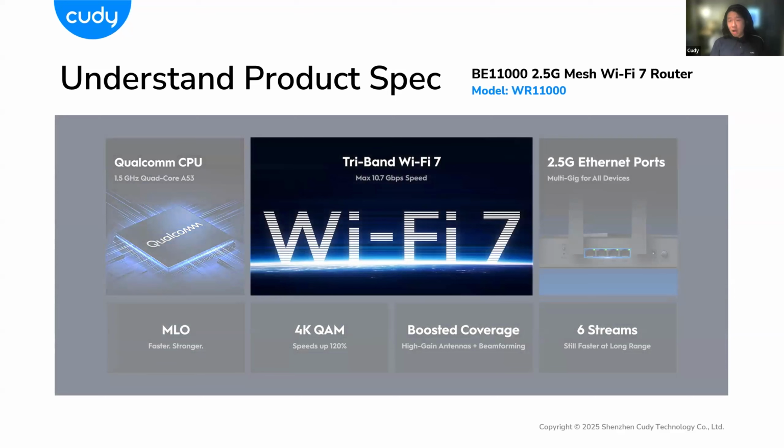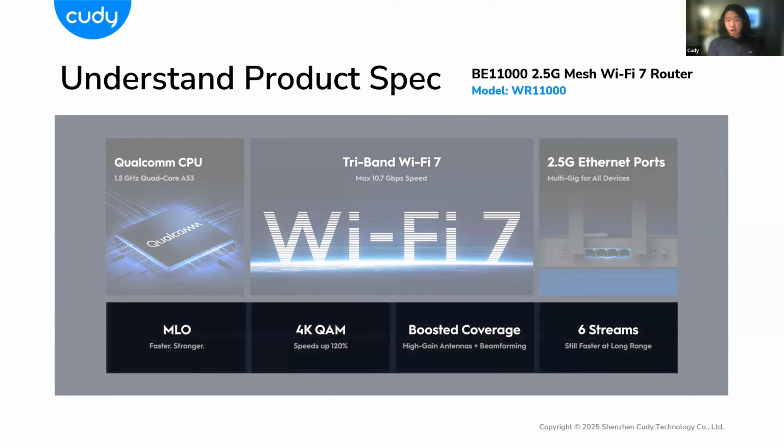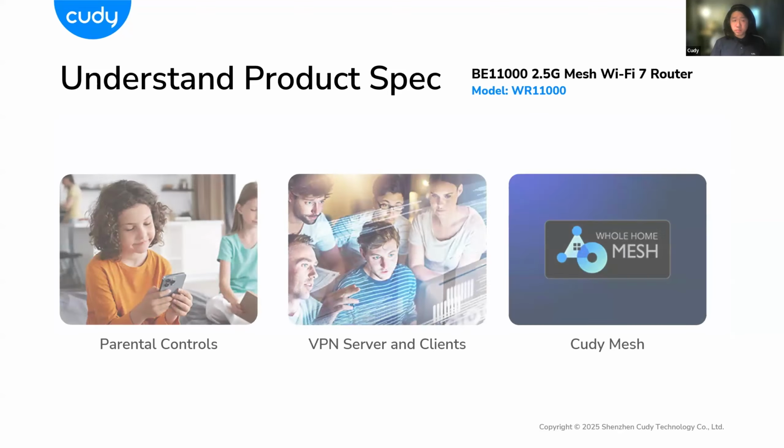It provides tri-band Wi-Fi, so almost flagship in Wi-Fi 7, and a full set of 2.5G Ethernet ports, providing multi-gig Ethernet connection for all devices. And some other highlight features: multi-link operation, enhanced modulation with 4K QAM, boosted coverage, and 6 streams.